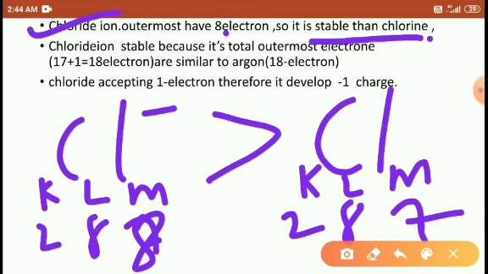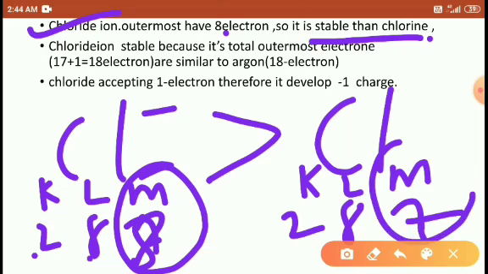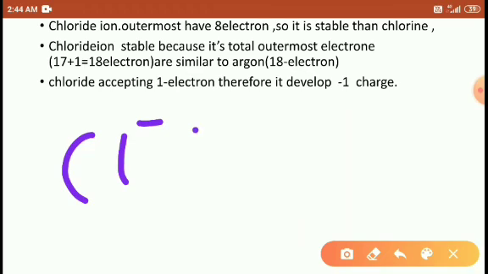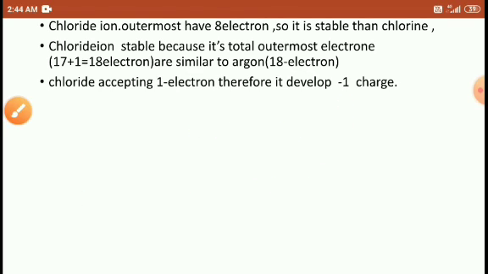So tell me students, which one is stable? Outermost 8 electrons or outermost 7 electrons? Outermost 8 electrons is more stable than 7 electrons, right? So that's why the chloride ion is more stable than the chlorine atom.